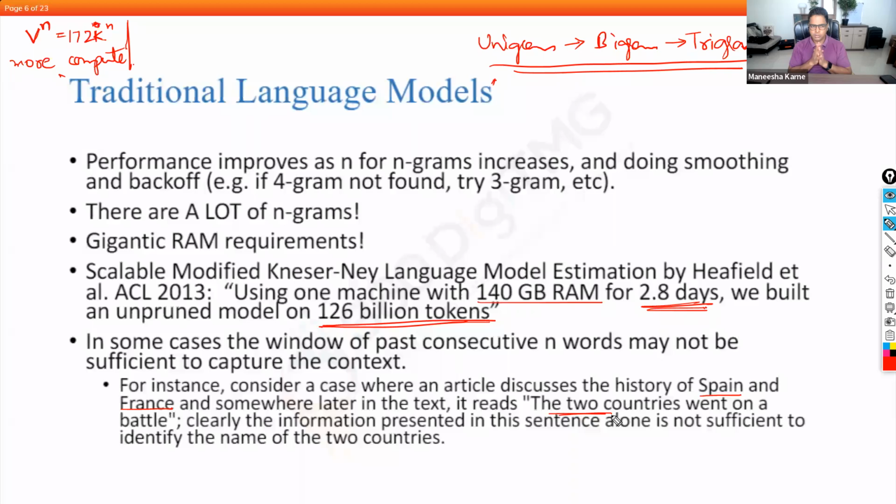Now, traditional models do not store the previous words or the first sentence in memory. So it will not be able to correlate that the 2 countries refer to Spain and France. Since it cannot correlate that, you cannot read the context. Context in the sense we are talking about Spain and France. That context will be missed. So I would write it as no context.